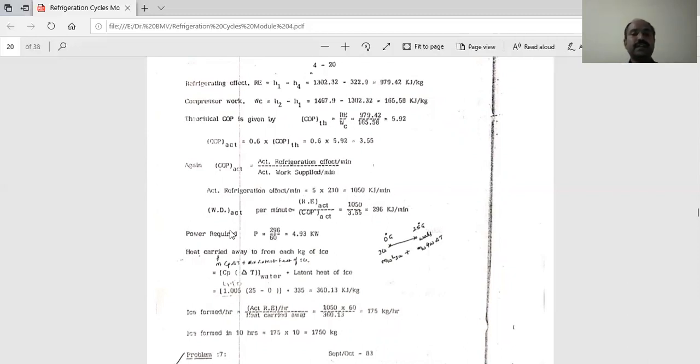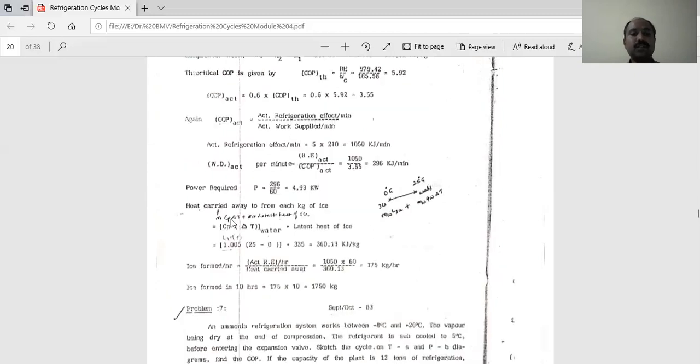Then actual work done per minute is equal to refrigeration effect divided by actual COP: 1050 divided by 3.55 gives 296 kilojoules per minute. Then power required is 296 divided by 60, which is 4.93 kilowatt.